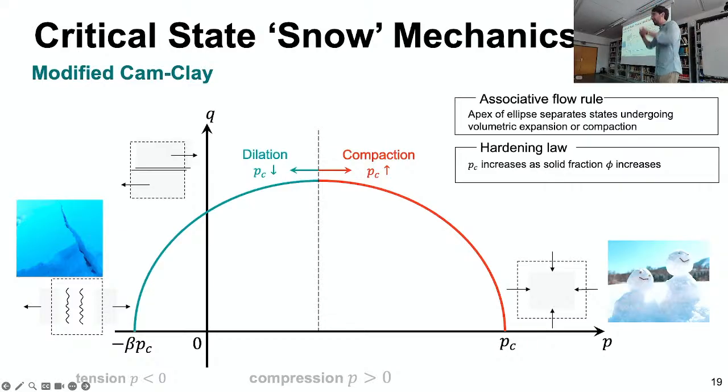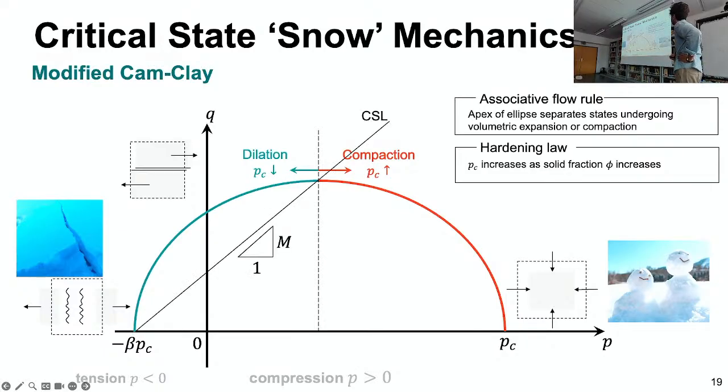We need to shrink our yield surface. And that's essentially what our hardening law says. So we can formulate that as PC as a function of the solid fraction. Now there is a point here where we have neither dilation nor compaction. That's what we call critical state. And as our yield surface shrinks and increases, all those points will align on what we call the critical state line.